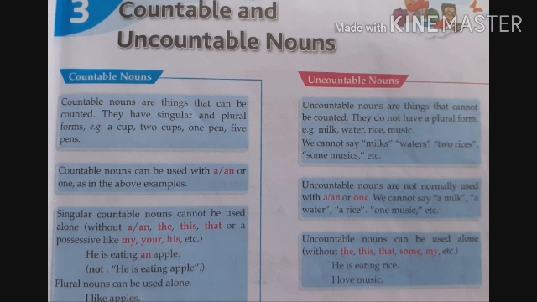Uncountable nouns can be used alone without the, this, that, some, my, etc. He is eating rice, because rice is uncountable and we are not using here this rice, that rice. I love music. We can use it without the, this, that, some, my.